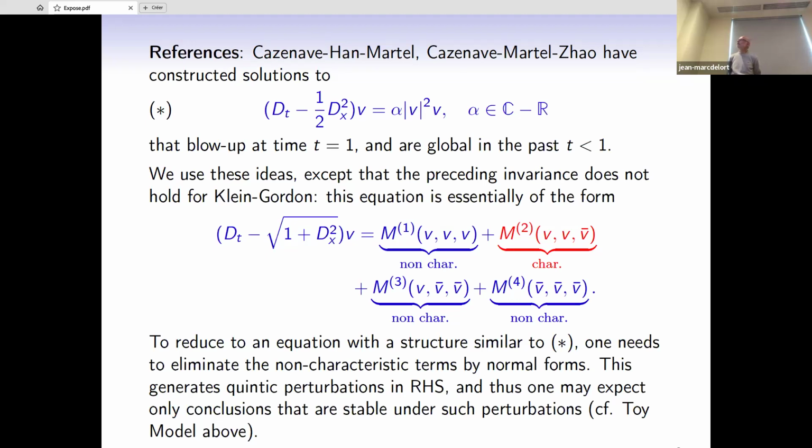And this is because we want to limit ourselves to study a property that is stable under perturbation, since we want to be able to perturb the nonlinearity by higher order terms. And so, as I explained, norm inflation is a property which is stable by perturbation of the nonlinearity, while blowing up will not be. And that's why we study this question of norm inflation.